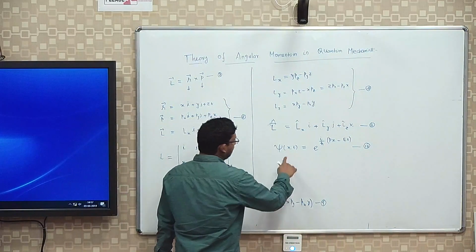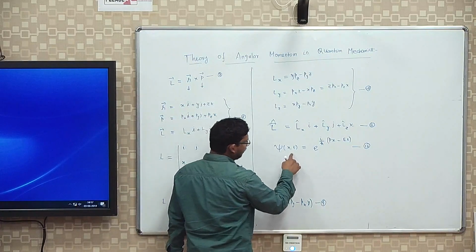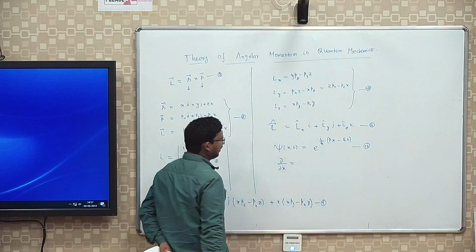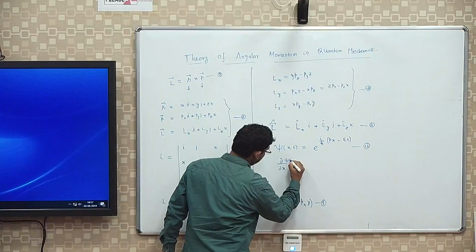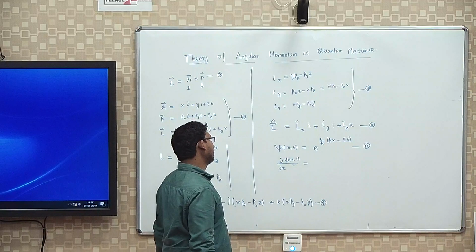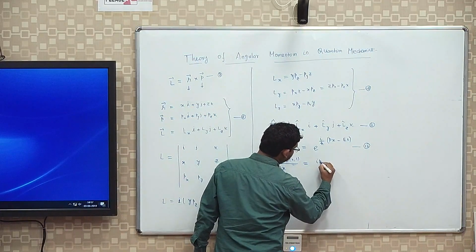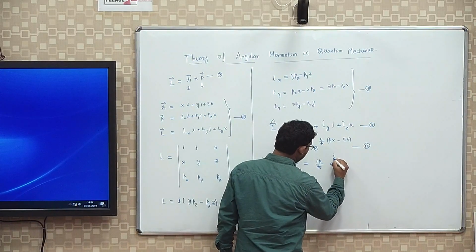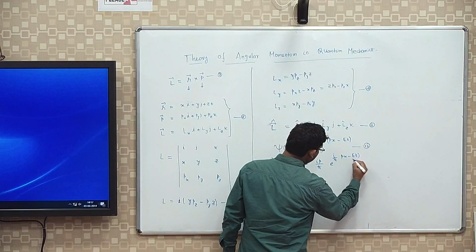If we take the first order differentiation with respect to position of this expression number 12, dou divided by dou x is equal to i p divided by h cross, then e power i divided by h cross, px minus Et.